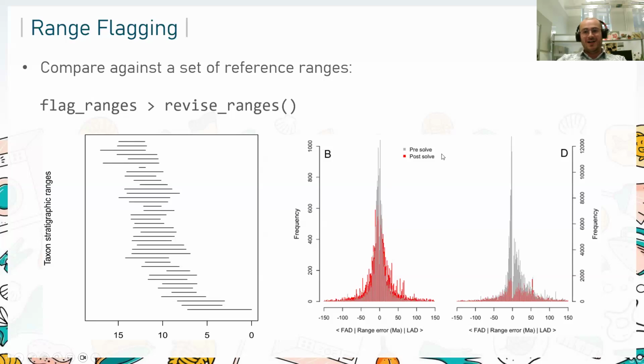So the eagle-eyed amongst you will have noticed we do not just have grey histograms, but these red post-solve histograms as well. And the way that this occurs is using this function here, revise ranges.